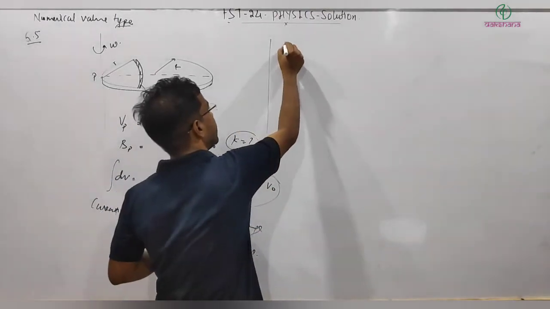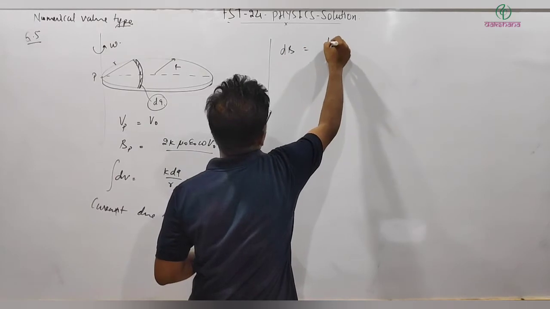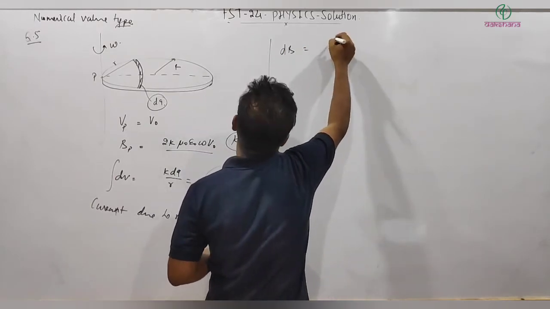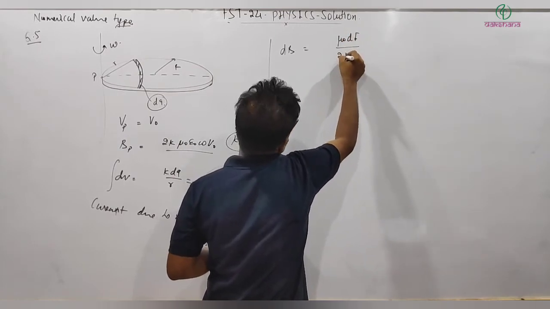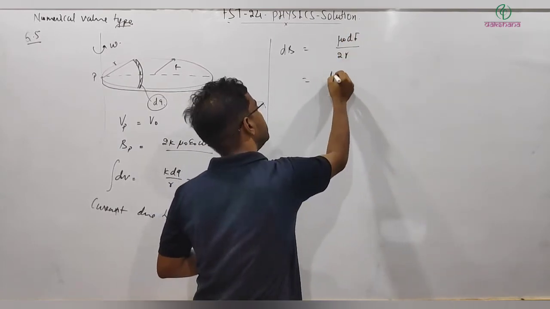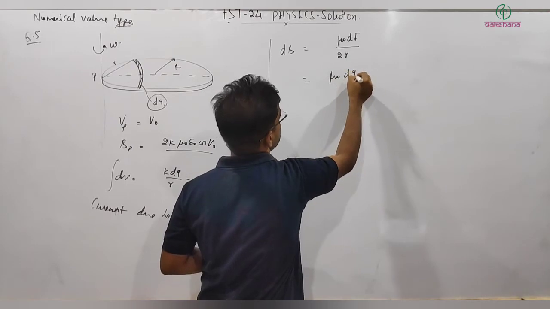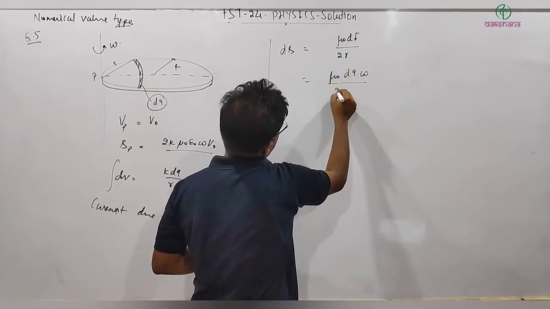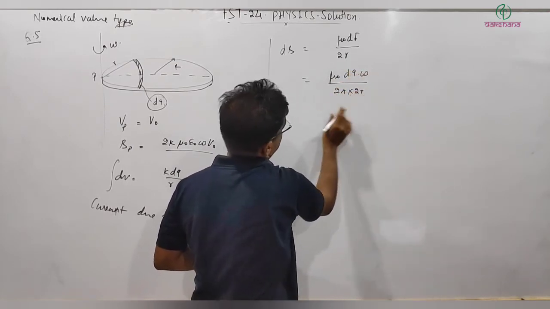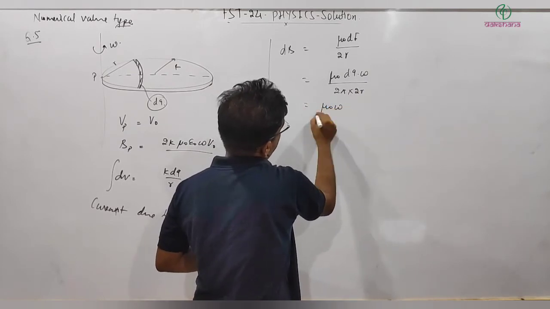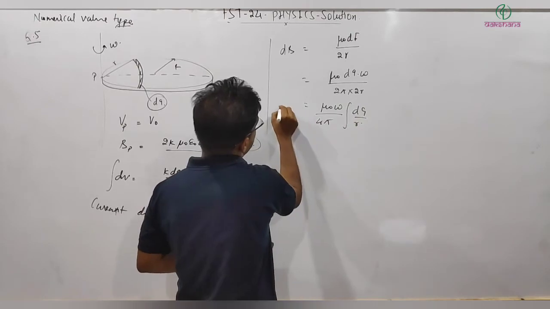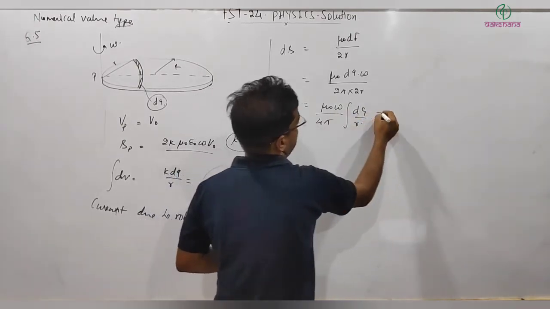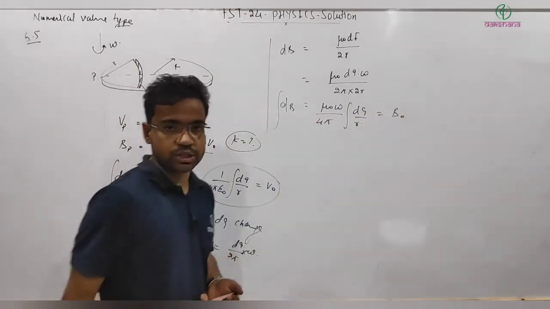So dB can be written as mu naught into di divided by 2r. Substituting, di can be written as dq into omega divided by 2 pi, into 2r. So it's mu naught into omega divided by 4 pi, and the integral of dq by r will be your total B, and that we can get as B naught, is it?